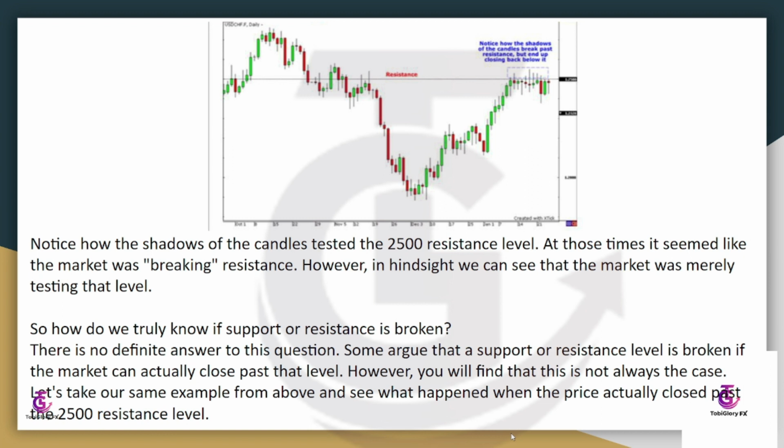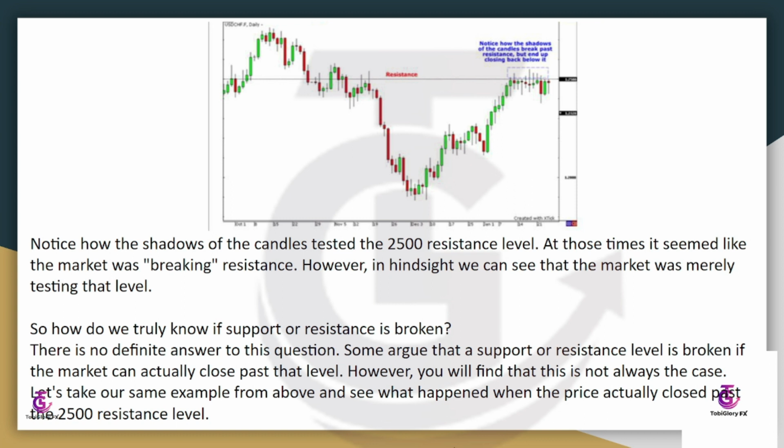However, it is not. We can see that the market was merely testing that level. This is the resistance. The price is testing this level, meanwhile thinking it is breaking it. So this resistance level is rejecting the price. Let me proceed.